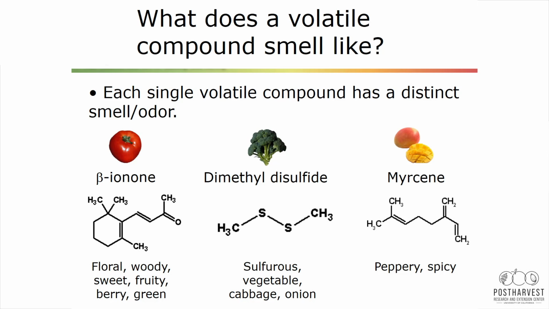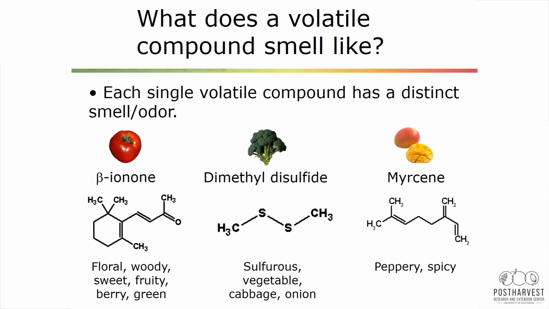All right, so dimethyl disulfide is a sulfur-containing molecule. It's in broccoli, and it's not surprisingly described as sulfurous, cabbagey. And then myrcene, it's mostly in the peel of mango, and that's described as peppery, spicy. You've probably experienced that if you've bitten into the peel of the mango.